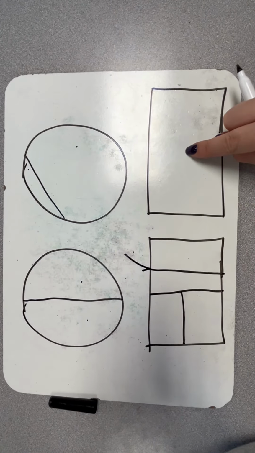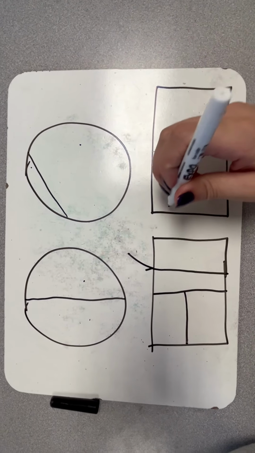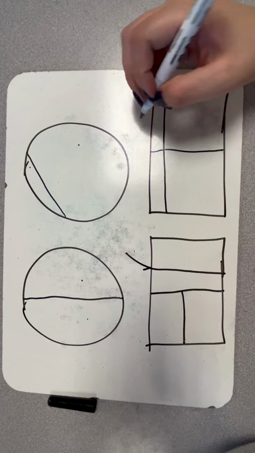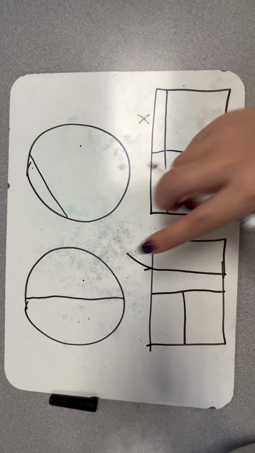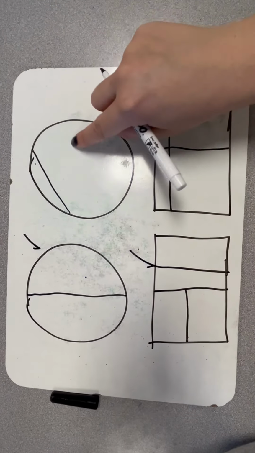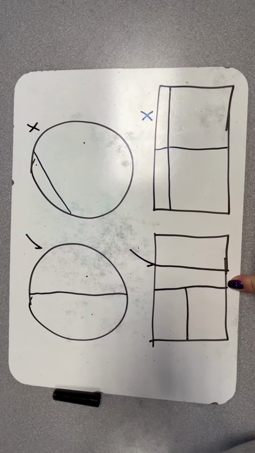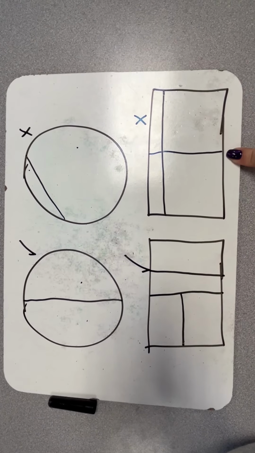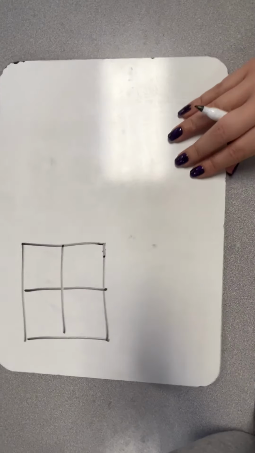But if I take this rectangle and I split it in half, and then I split it like this, these are not fractional pieces because they are not the same size. Fractional pieces happen to be the same shape here, but pieces that are not the same size are not fractions.